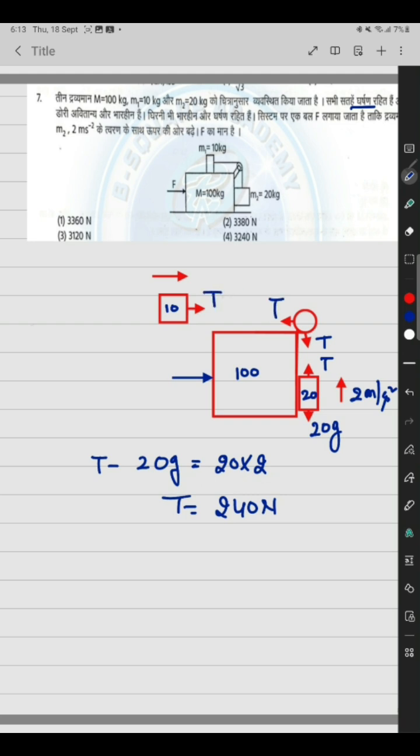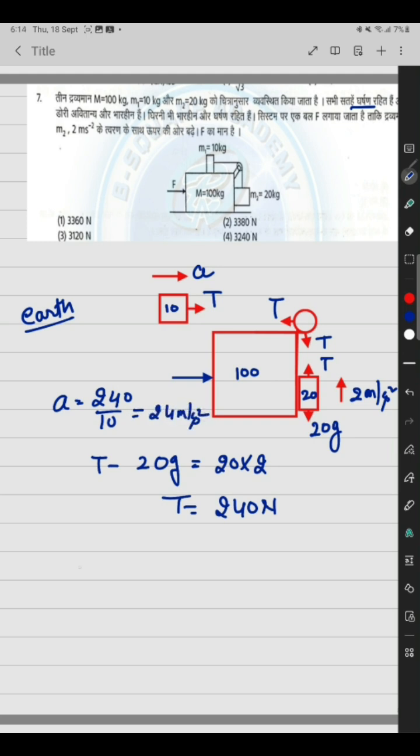With respect to the earth, with respect to the inertial frame, suppose the tension in the string is T, that means with respect to earth, the acceleration of this block is 240 by 10, that is 24 meter per second square.